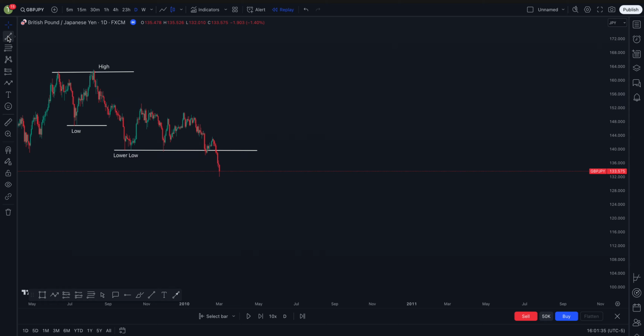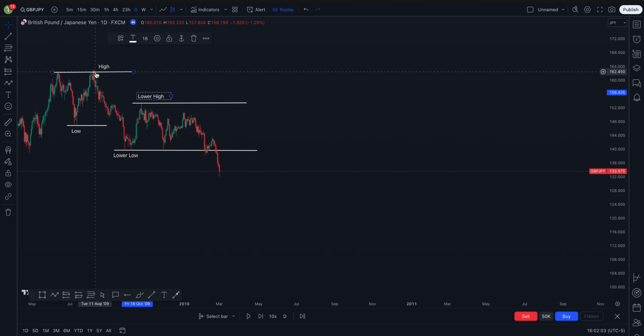So then this highest point before price breaks the low becomes our lower high, my bad. So this is our lower high.